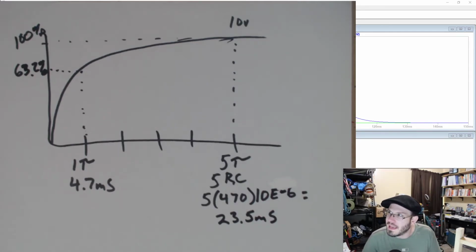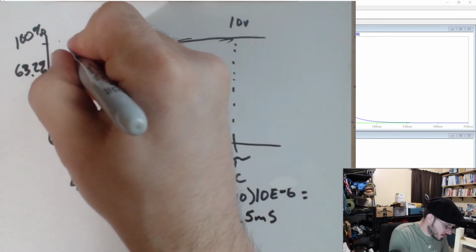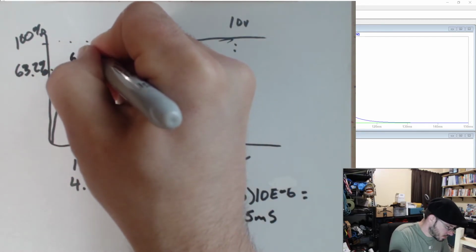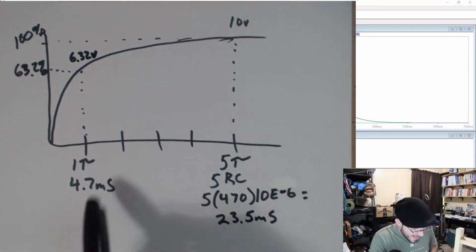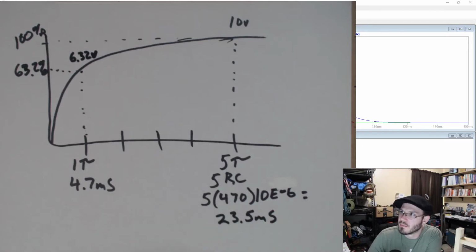63.2% is going to be 6.32 volts. That should be at 4.7 milliseconds.